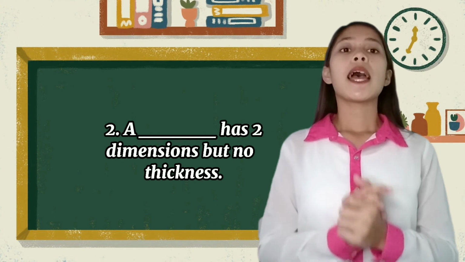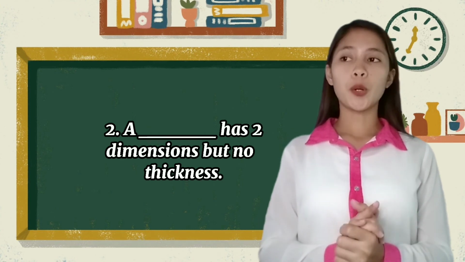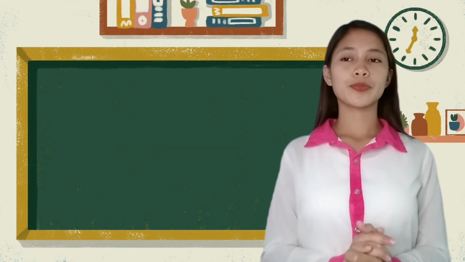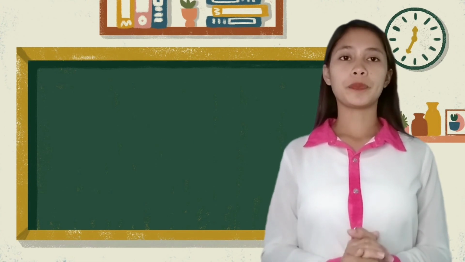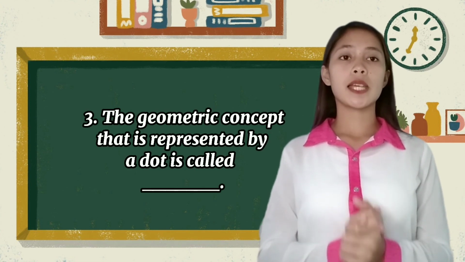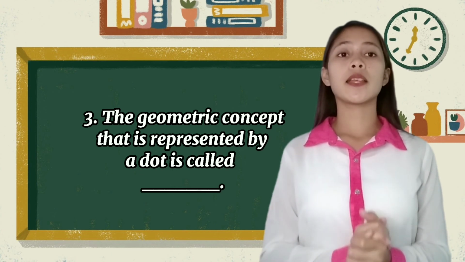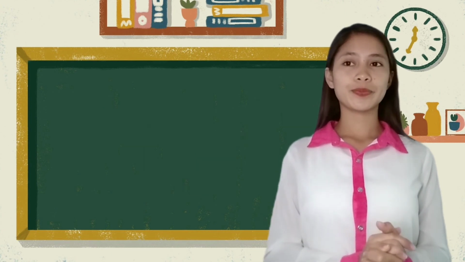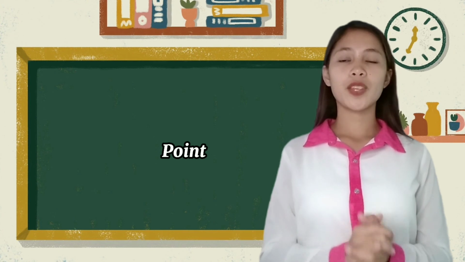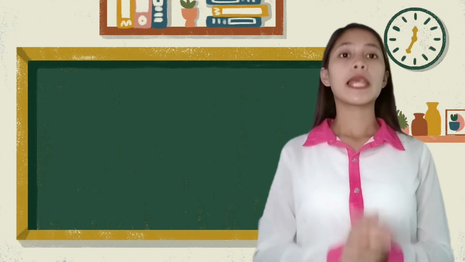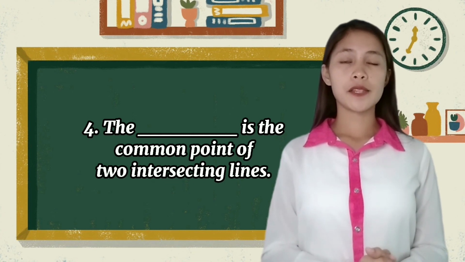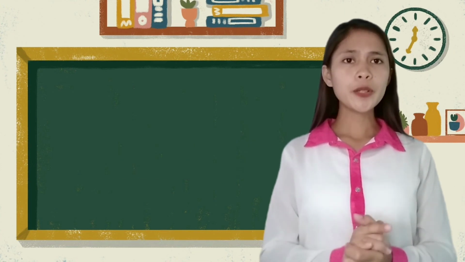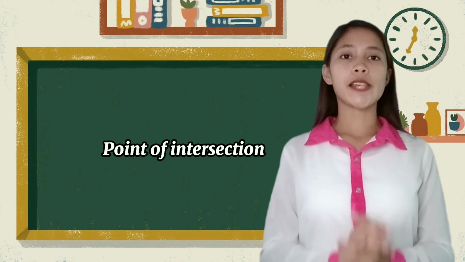A blank has 2 dimensions but no thickness. Surface. Third question. The geometry concept that is represented by a dot is called point. Fourth question. The blank is the common point of 2 intersecting lines. Very good. Point of intersection.